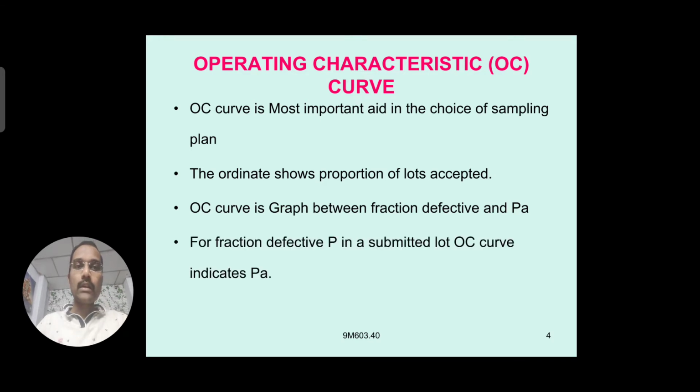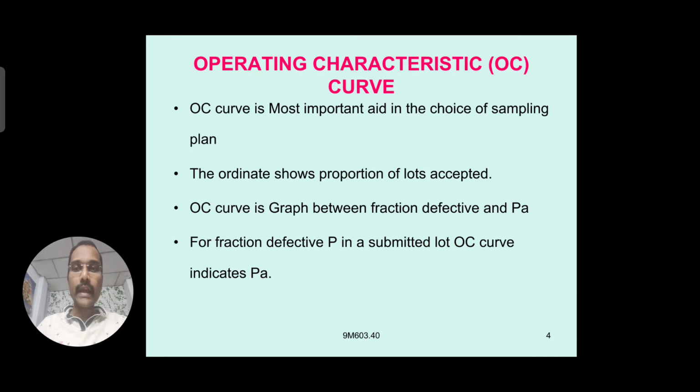Next, for fraction defective P in a submitted lot, the OC curve indicates the probability of acceptance. Hope you are getting that point. For fraction defective P, we already saw the P chart: the defectives you get in terms of fraction values.